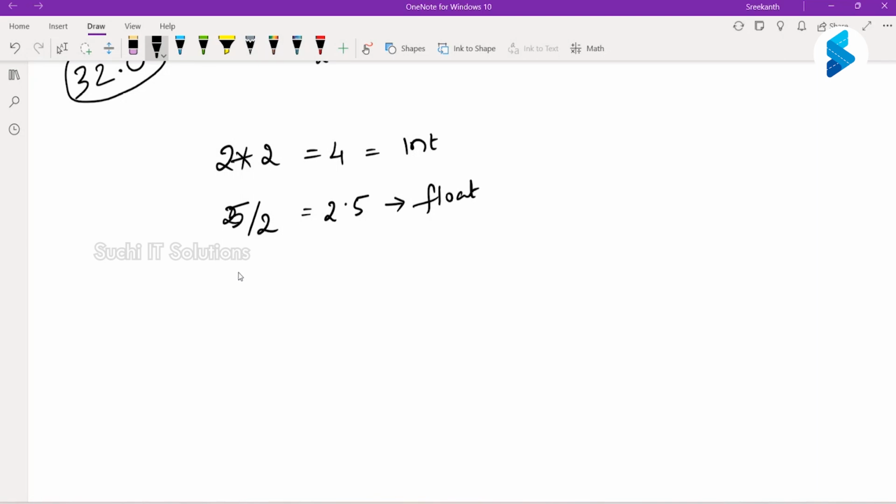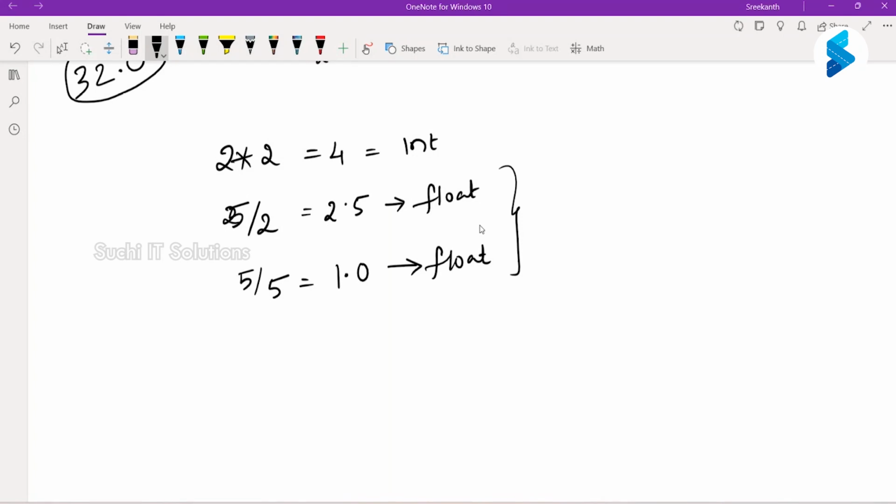In the same way, even if I take 5 by 5, it also results in a float, 1.0. Every time I use a division, it always results in a float. Division will always return a float value. Are we clear?